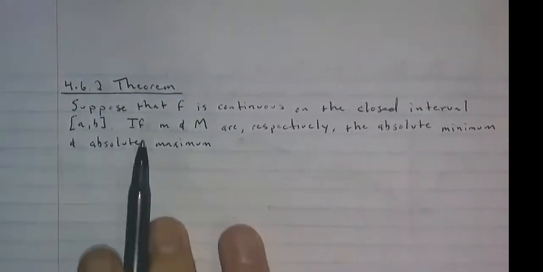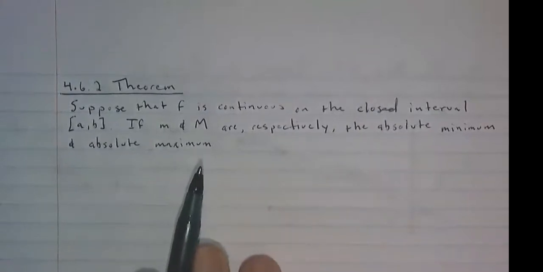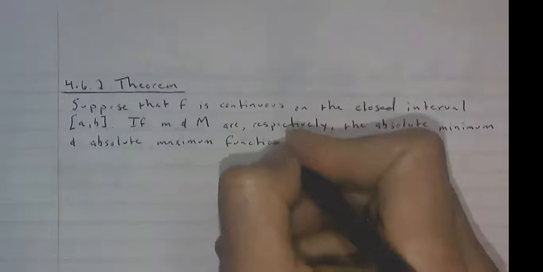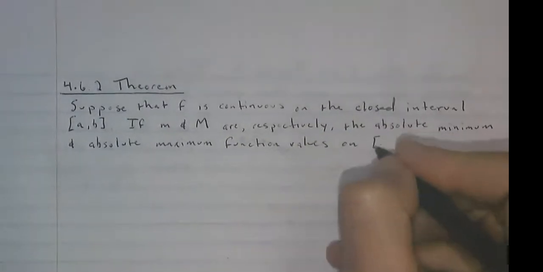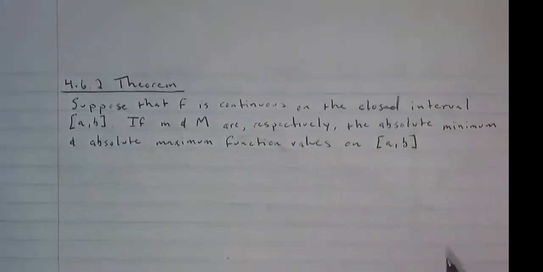So if little m is the absolute minimum, big M is the absolute maximum on that interval, then we get to say something sort of interesting that, again, once we draw the picture, I think will make more sense.